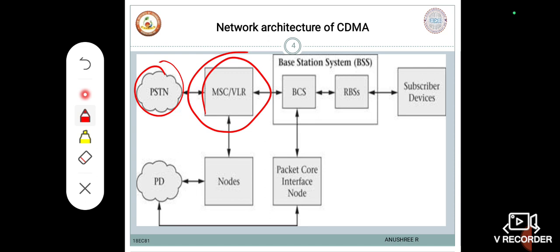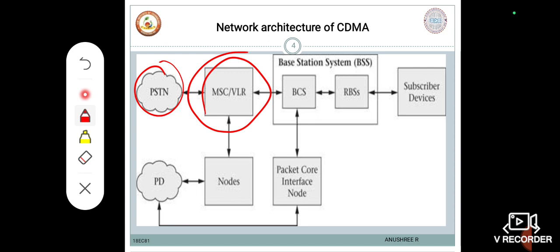Coming to the internetworking function, the IWF node is the only gateway between the wireless network and the packet data network, that is PDN. As such, it provides a direct connection for packet data calls.